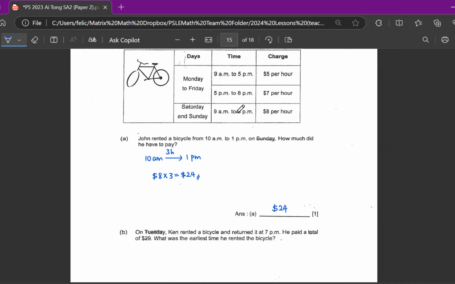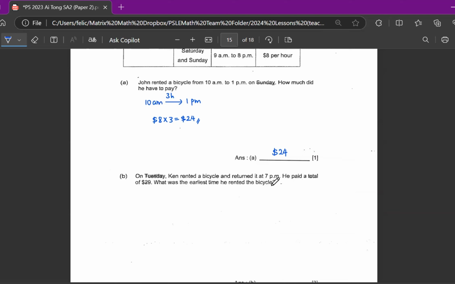So in this case, since he returned it at 7 p.m., you look at this time range. We're going to work backwards to find out how much he is being charged in the more expensive category, the $7 category first. So you have to start from 5 p.m. Use 5 p.m. as your first point of calculation. 5 p.m. to 7 p.m. Since he returned at 7 p.m., don't go and use 8 p.m. So 5 p.m. to 7 p.m., which is 2 hours.